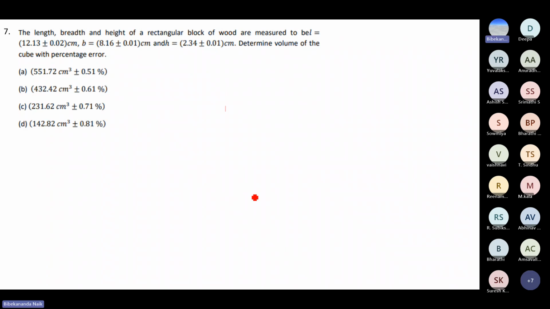Let's solve this question. Now here you have length, breadth and height. This is L. L is 12.13 plus minus 0.02 centimeter. Breadth is 8.16 plus minus 0.01 centimeter.